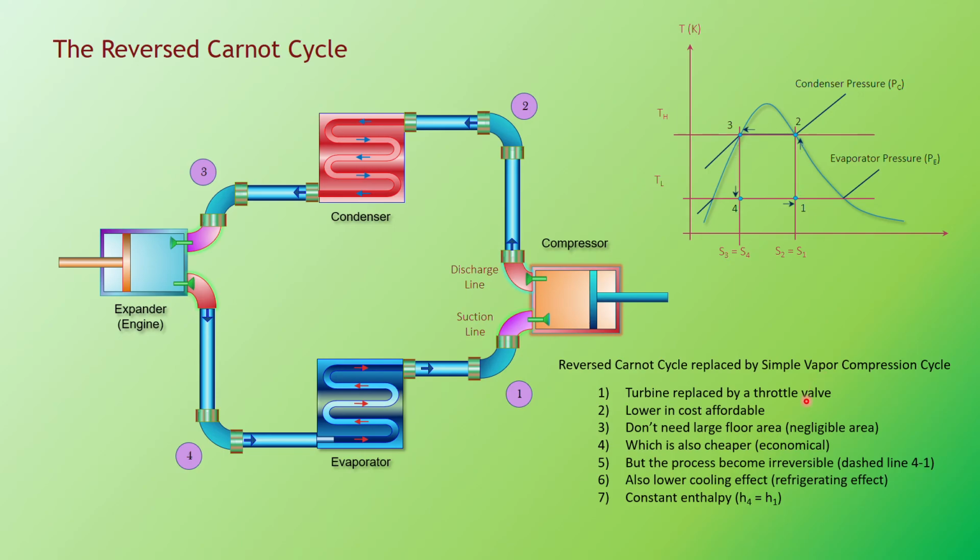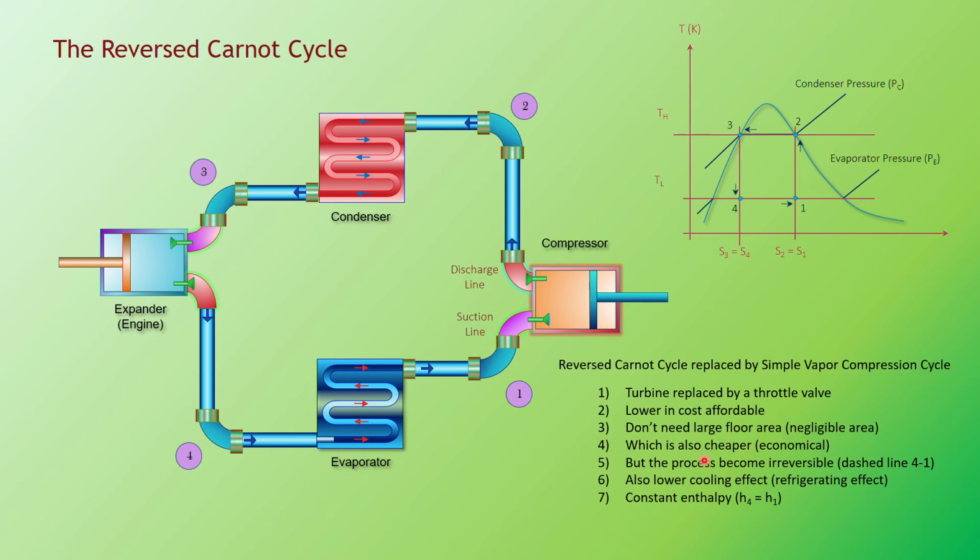So the turbine, or the engine, is replaced by a throttle valve or capillary tube, what we call an expansion valve. It is lower in cost when you replace it with a capillary tube, which is very cheap compared to a turbine or an engine. Lower in cost and affordable. It doesn't need a large floor area; it is actually a negligible area.